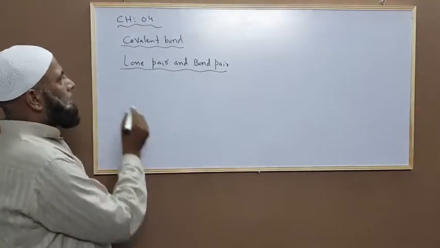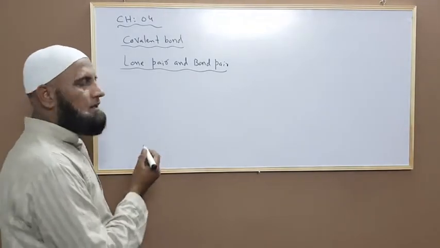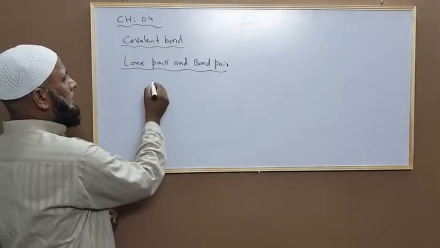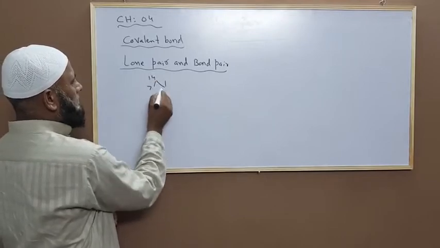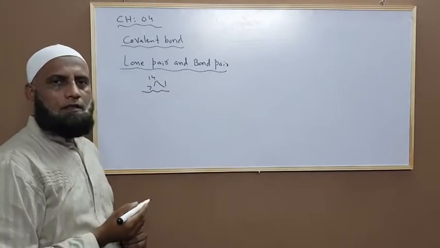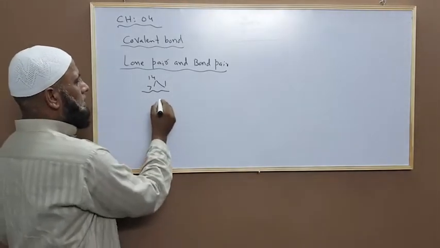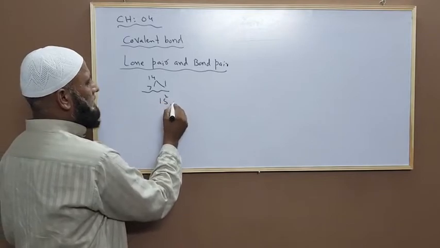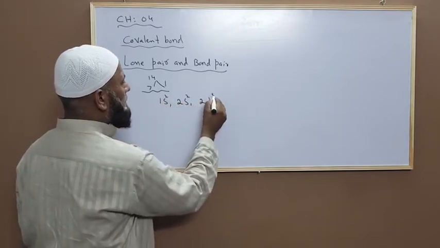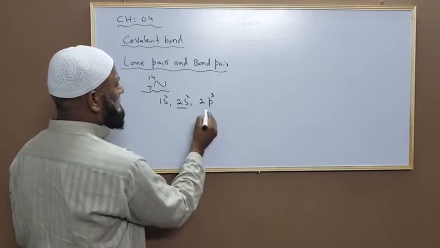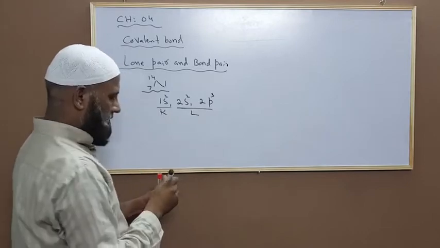So dear students, to understand the lone pair and bond pair, let's take the example of nitrogen. The atomic number of nitrogen is 7, and if we look at its electronic configuration, it is 1s2, 2s2, 2p3. K shell, L shell.